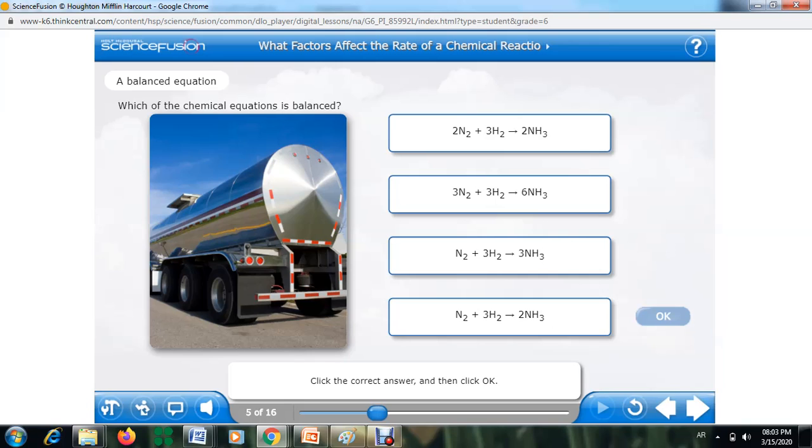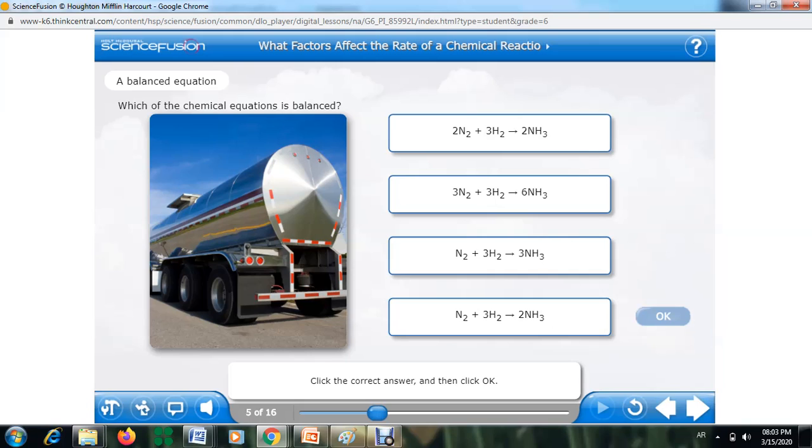Let's look at the third one. You have 2 nitrogen atoms, and in the product you have 3. This 3 is for nitrogen and for hydrogen. You have 6 hydrogen atoms here, but here you have 9, so this one is not balanced. Look at the last one.